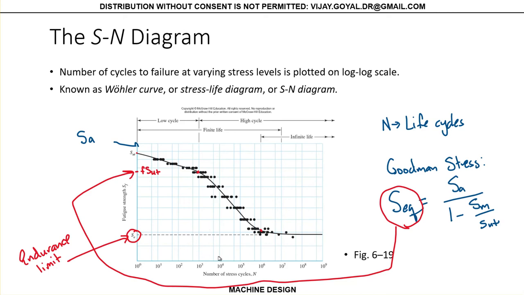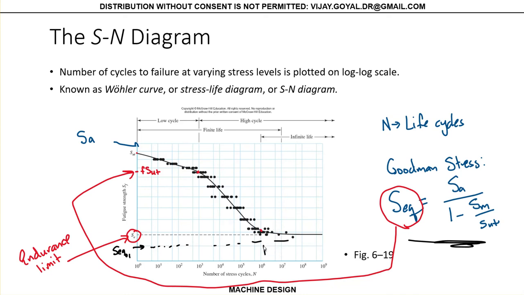And the way this really works is you will check this Goodman stress that you get from this equation right here. You would take that stress and then find where it is. If the stress is right here, let's say that is my Goodman stress number 1, you can see that the stress does not intersect this curve at all. There's no intersection.